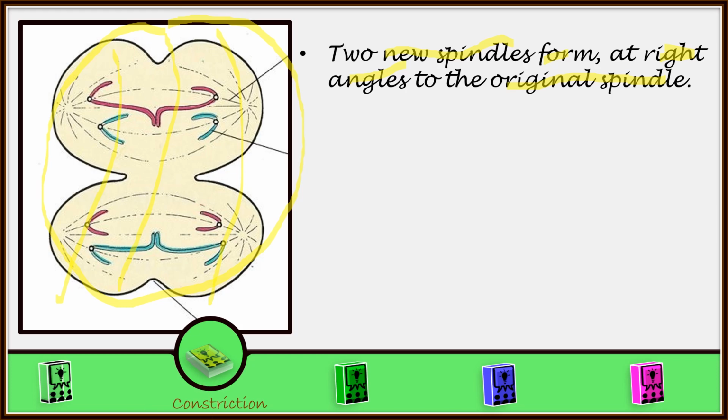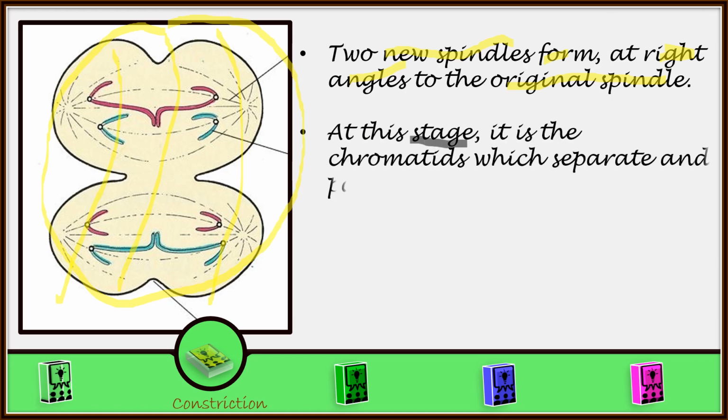These are the new spindles, these ones that you are seeing. So the new ones that are forming are the ones that are at a right angle to the original spindles.